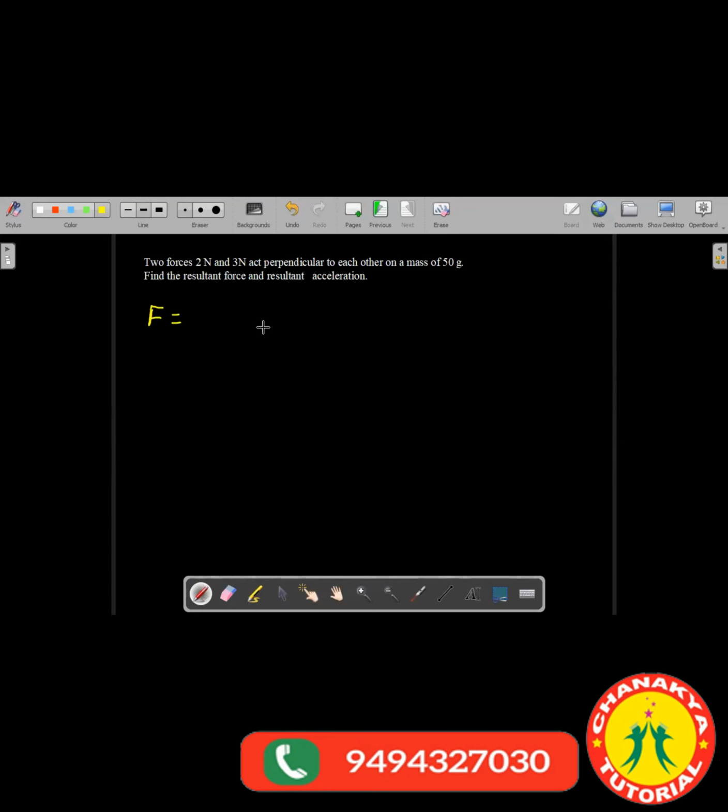F equals the resultant F we are finding. This would be equal to the under root of F1 square plus F2 square plus 2 F1 F2 cos theta. Since they are acting perpendicular to each other, we are given the angle between them to be 90 degree.